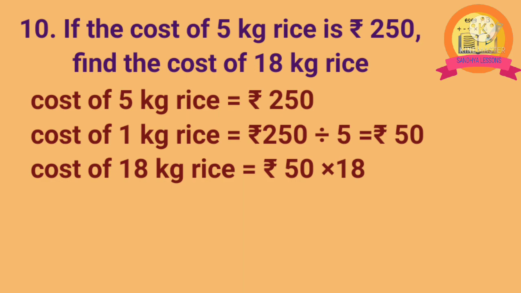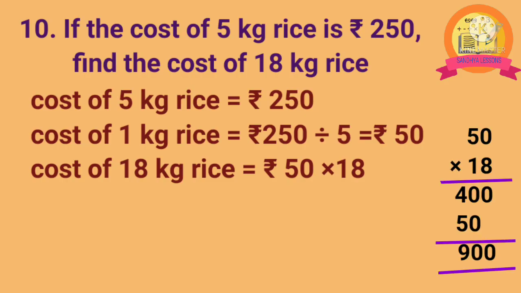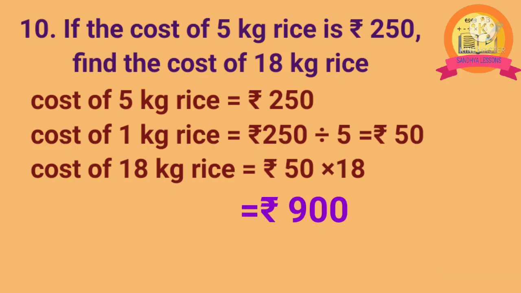After dividing, we get 50 rupees. Therefore, cost of 1 kg rice is equal to 50 rupees. Cost of 18 kg rice, we can get this by multiplying 18 by cost of 1 kg rice, that is 50 multiplied by 18. After multiplying, we get 900. Therefore, cost of 18 kg rice is equal to 900 rupees.